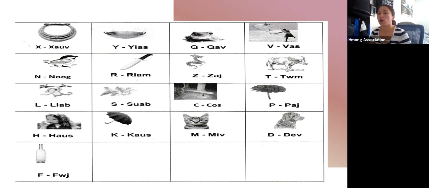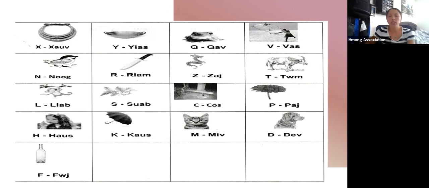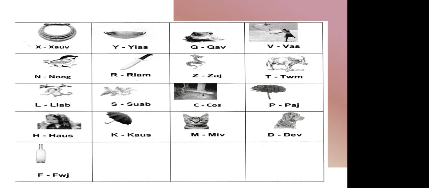I would like you guys to put all your paper aside and get a clean piece of paper in front of you. We're going to do a little quiz, okay?